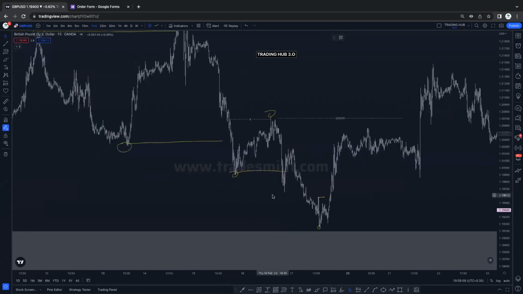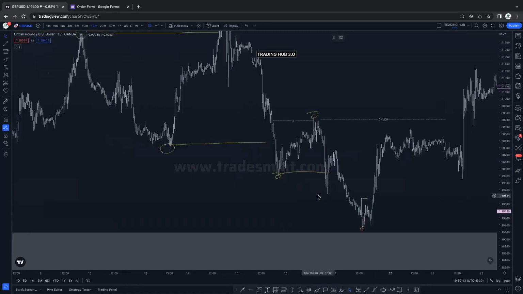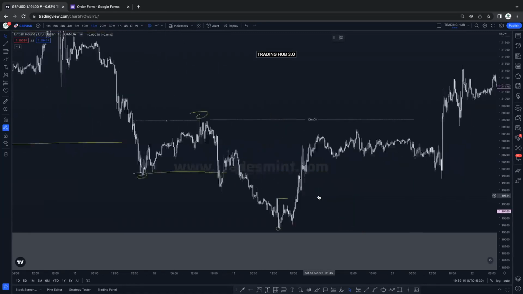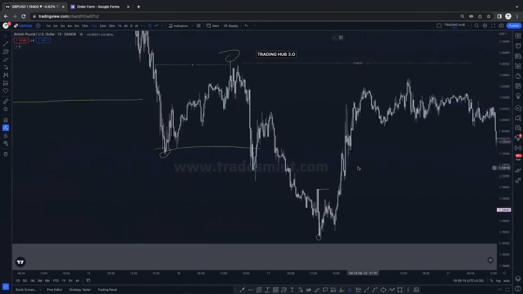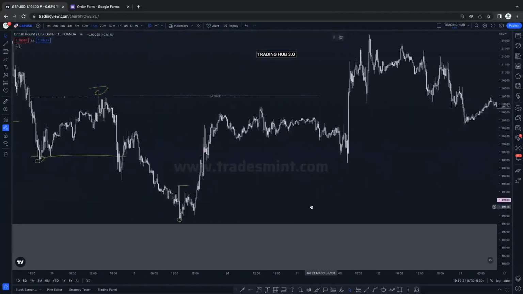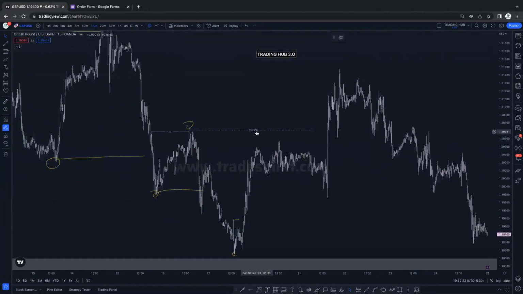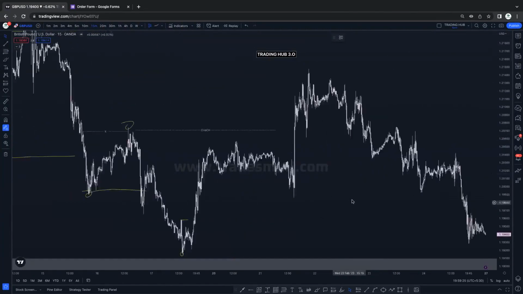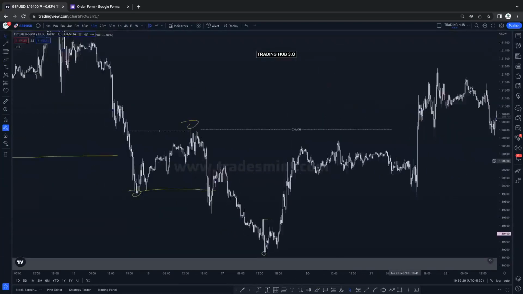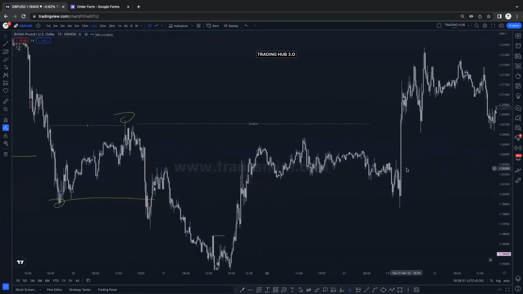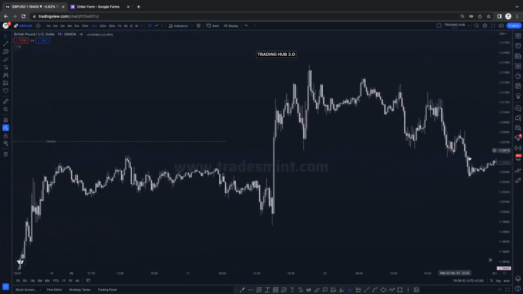Why not the lower one? Which one? Okay, so this is a change of character. Again it pushes a higher high, and the same process happens here.